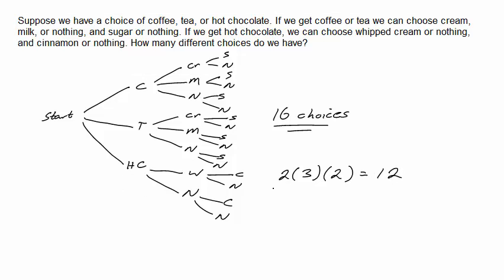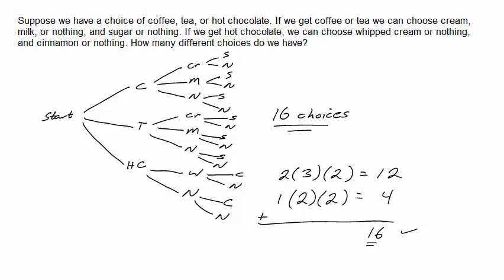And then for the hot chocolate, there's just one choice on that branch, and then we can choose whipped cream or not, we can choose cinnamon or not, so we get 4 options there, and then add both of these together to get our answer of 16 again.